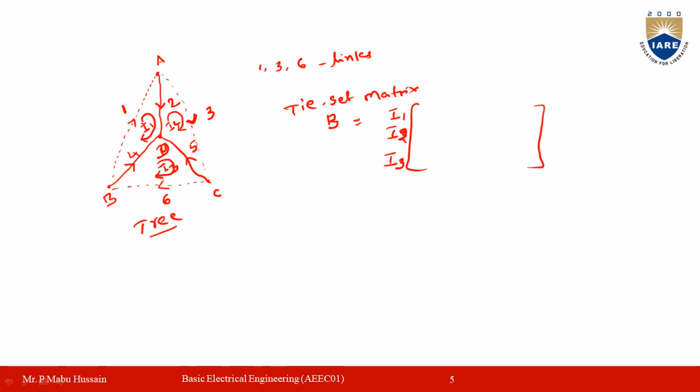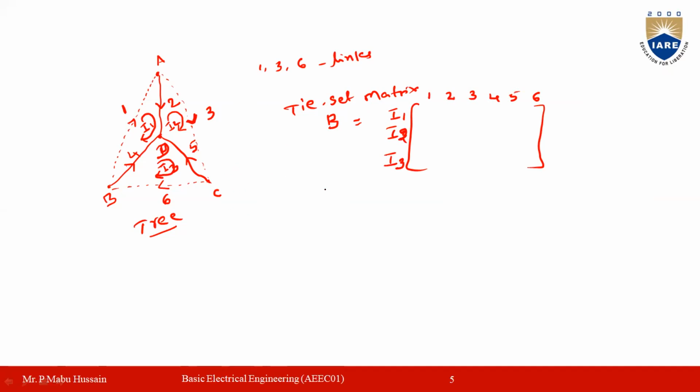I1, I2, I3 are the three loop currents, also called link currents. The branches are represented by the columns 1, 2, 3, 4, 5, 6. So what is this element?